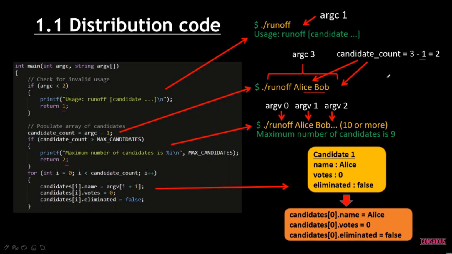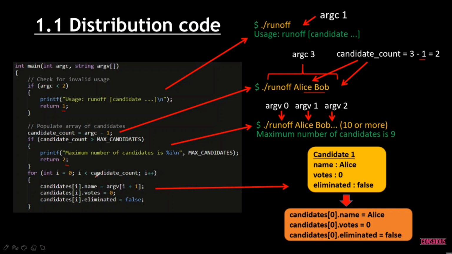Then we have found the number of candidates. Next, if the candidate count is more than MAX candidates, we'll print out something. If the user keys in too many candidates, which is out of our range, the program is going to prompt this to the user.